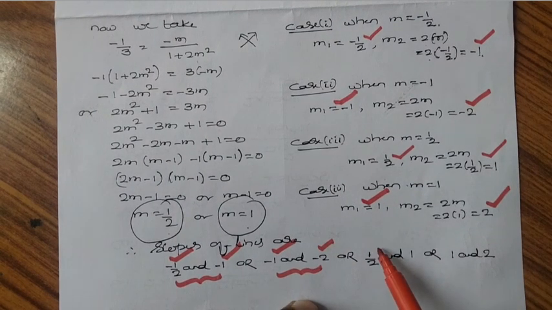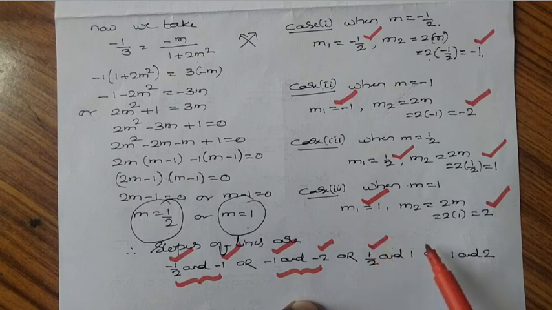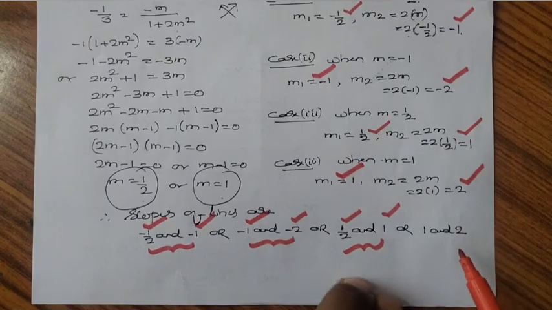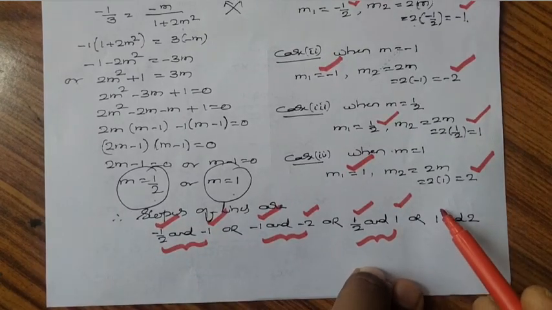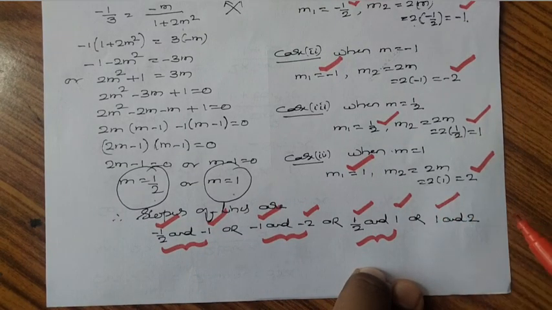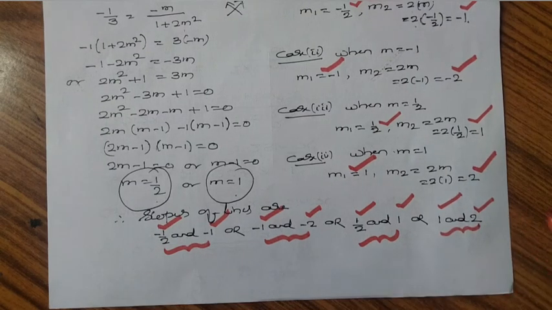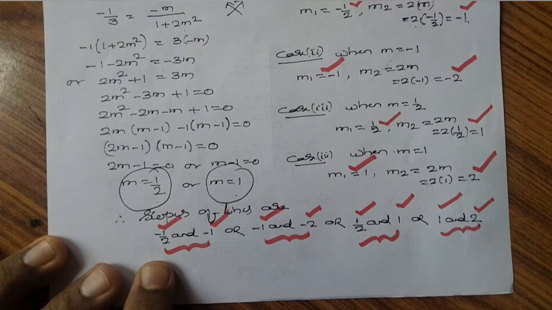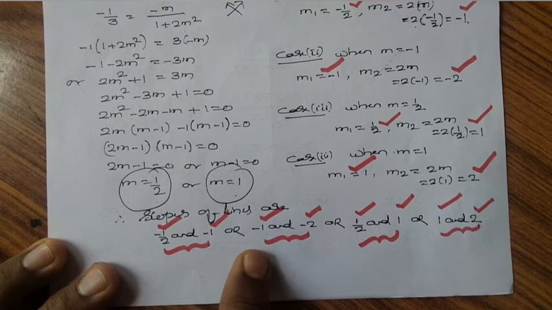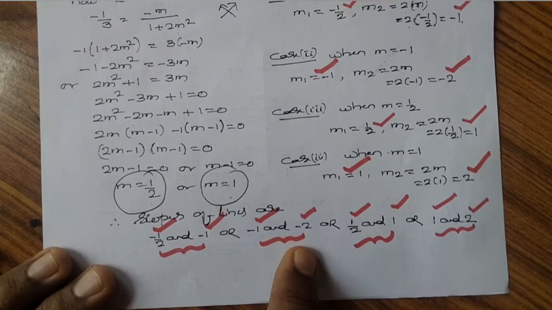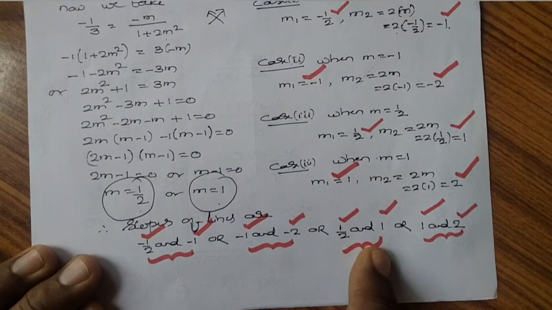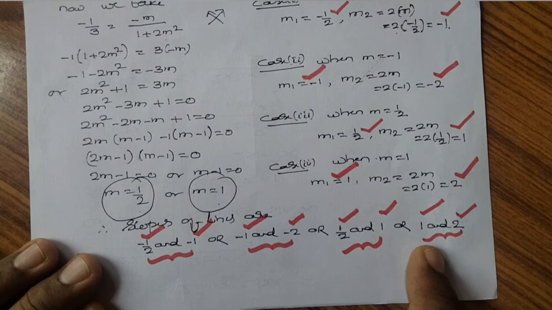Next, if the slope of the first line is half, then the slope of the other line is 1. This is the third case. Next, the last case is if the slope of the first line is 1, then the slope of the second line is 2. So thus we got it. There are 4 different answers. It means minus half and minus 1, or minus 1 and minus 2, or half and 1, or 1 and 2.